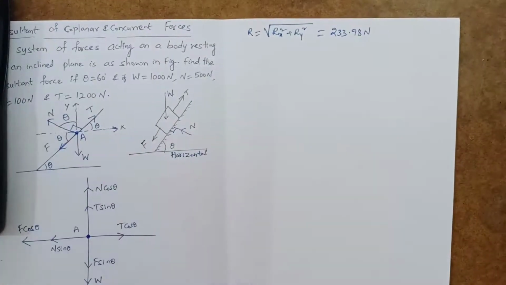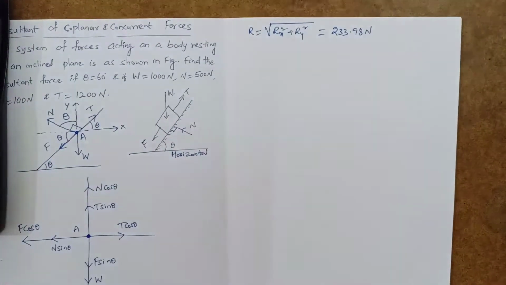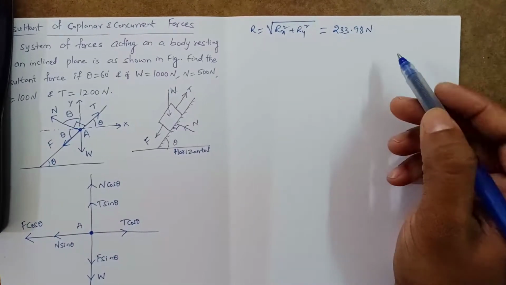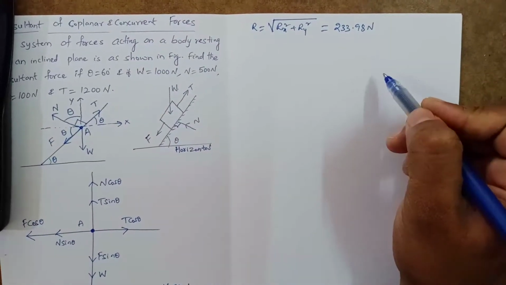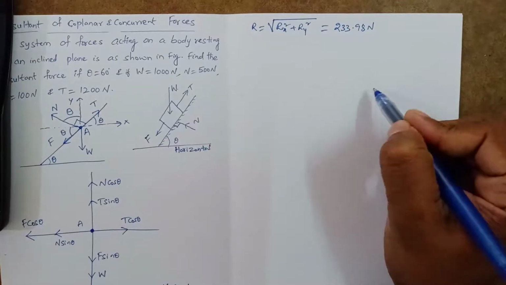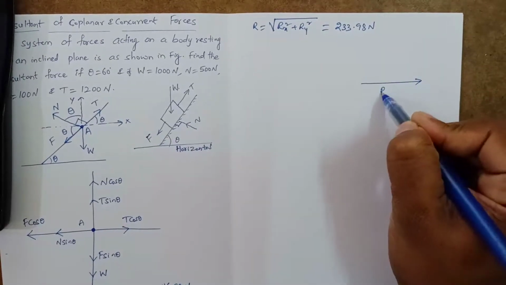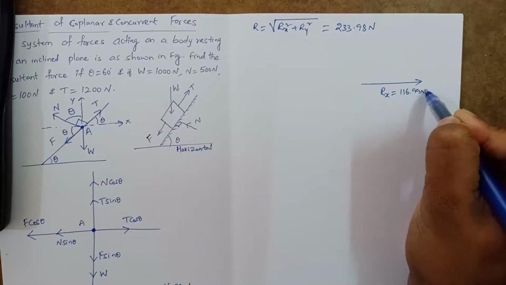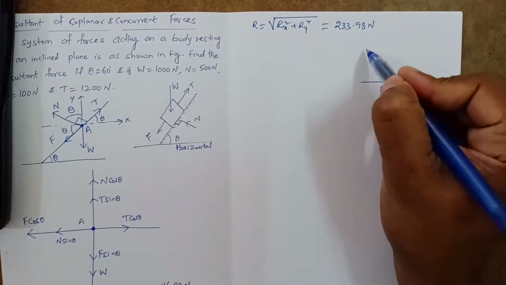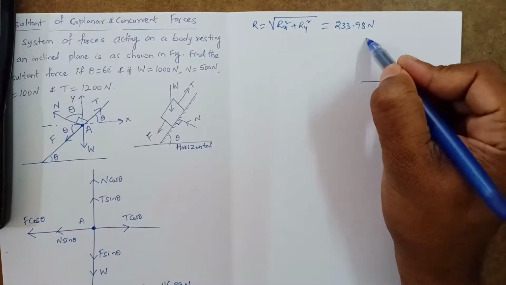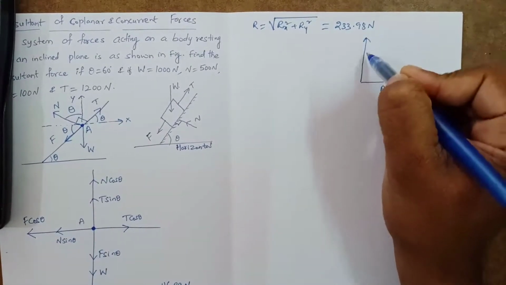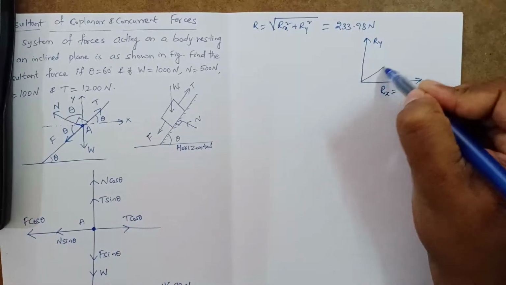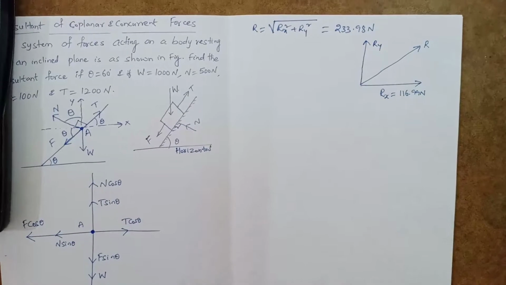And direction. Rx is a positive value, Rx is equal to positive 116.99 Newton, and Ry is also positive, so R must be like this.